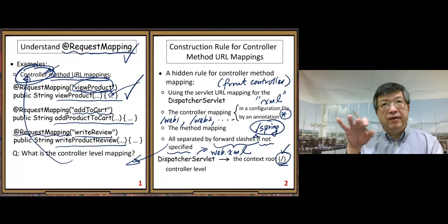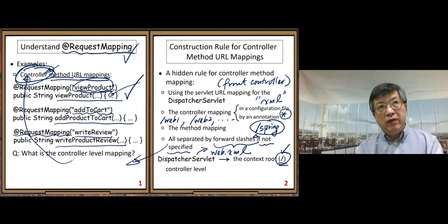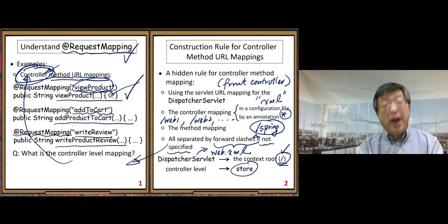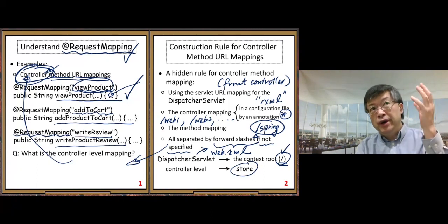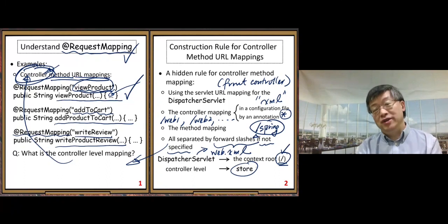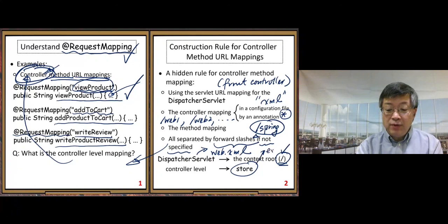Then the next level, the controller level, which we call the request handler. This time we use a string that connects to the controller name or controller information. Here is an example: suppose we have a store controller.